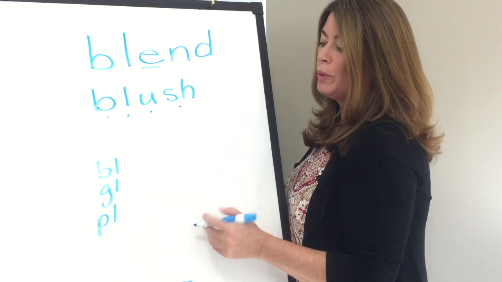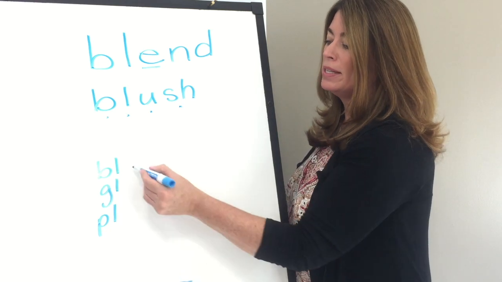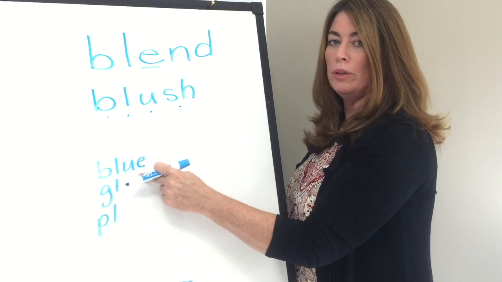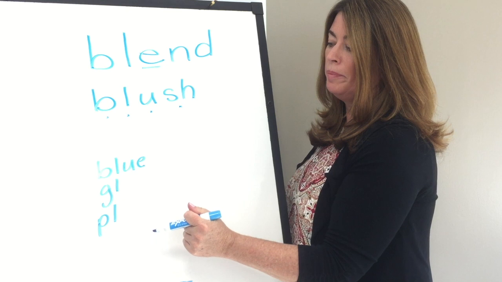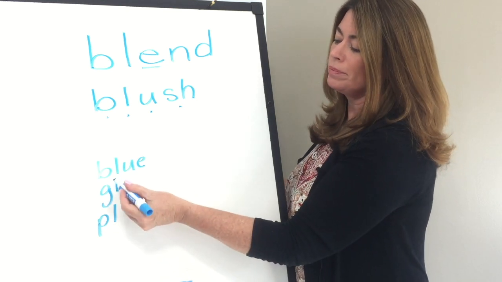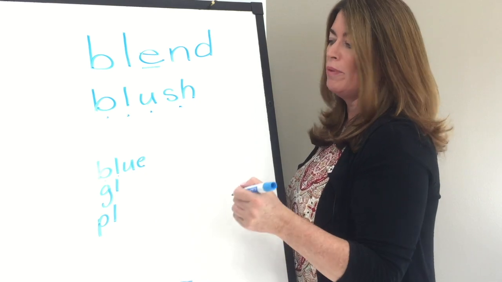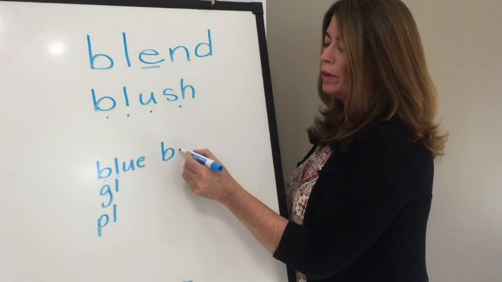And if that's true, then I'm putting a vowel in between it, because if I said bull-oo, that would be bulloo, and that's not the way we say that word, right? So we want to make sure that we're saying each individual sound and we're not trying to put a vowel in between, because I've seen people do the same thing over and over again.